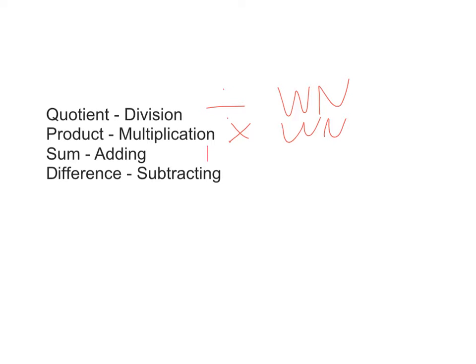Sum is going to be adding, and you're going to see that with whole numbers. You're going to see that with fractions, and you're going to see that with decimals in 4th grade. And difference just means subtracting. And just like with sum, it's going to be whole numbers, fractions, and decimals. So that's an overview of the 4 most important ones that you're going to see most often. So if there's any of those that you need a refresher on, feel free to write that down.